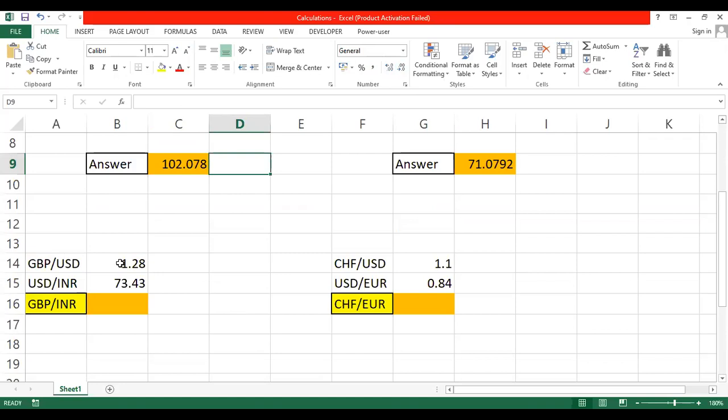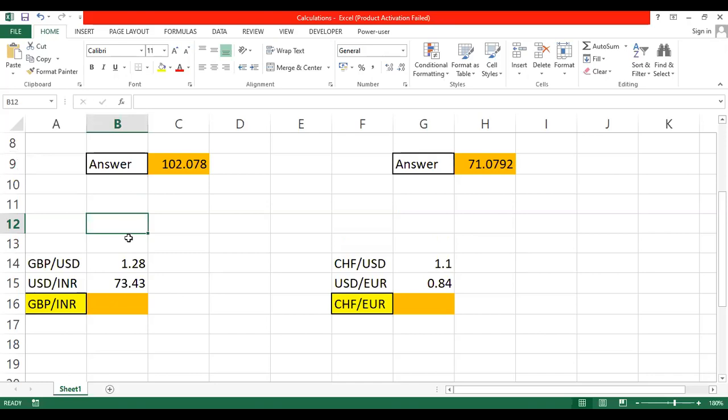Here, what happens is sometimes some currencies cannot be directly converted into the other. For example, pound sterling, if we are to convert into INR, we would not get a direct quote from banks for this. What we will need to do is first convert it into US dollars, and then convert US dollars into INR.